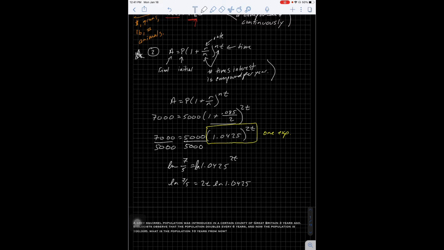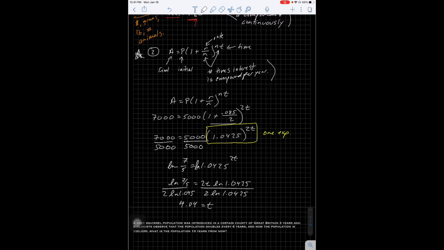And then you can divide, we're going to get t by itself. So we're going to divide by 2 natural log of 1.0425, and then we go to our calculator. So I'm going to do the natural log of 7/5, and then I'm going to divide that by 2 times the natural log of 1.0425, and I get 4.04.